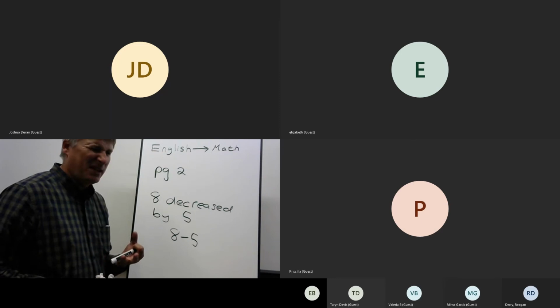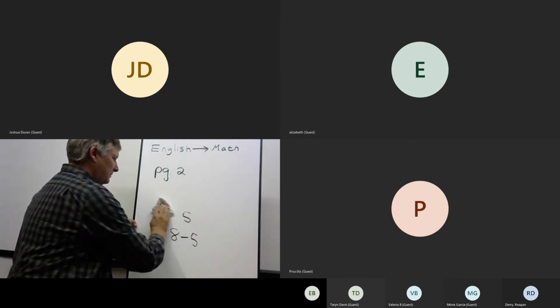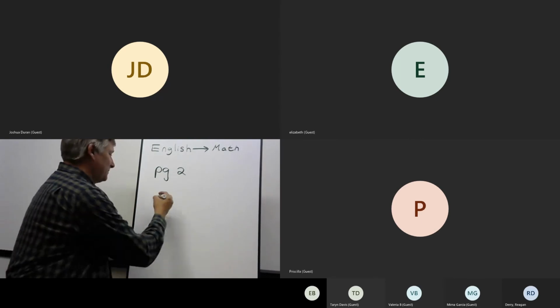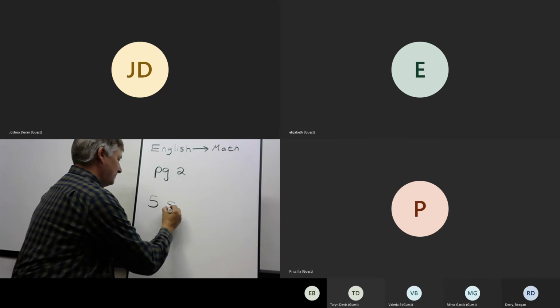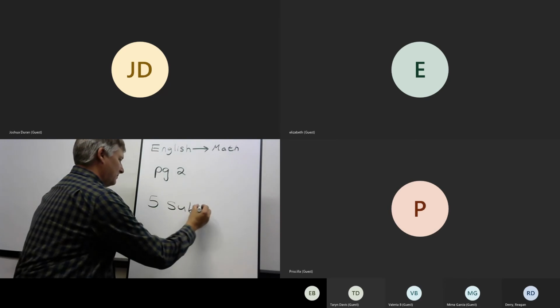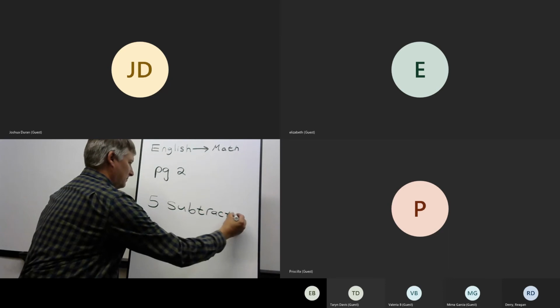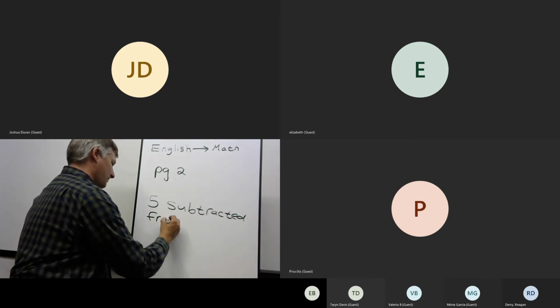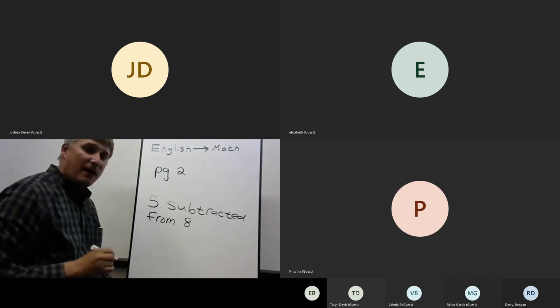Now, this one isn't in the text, but this is where it really gets tricky. You might see this: five subtracted from 8.